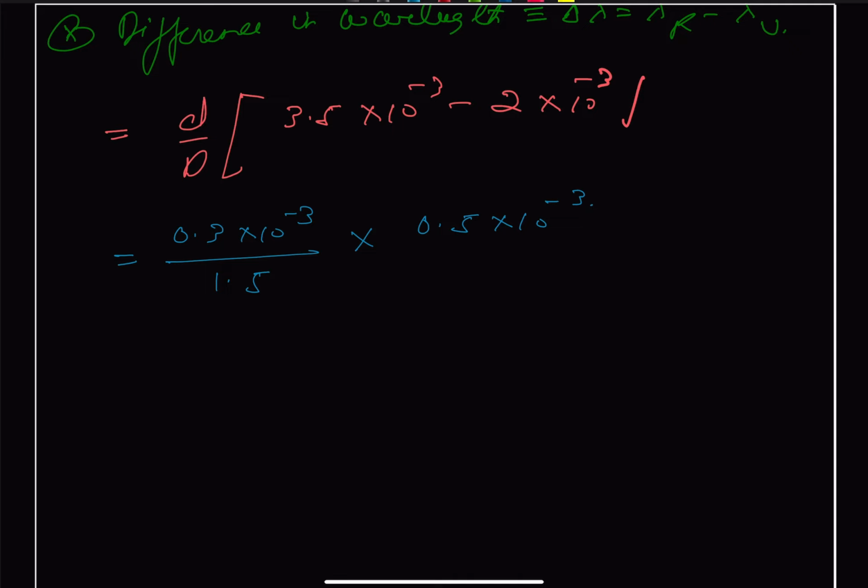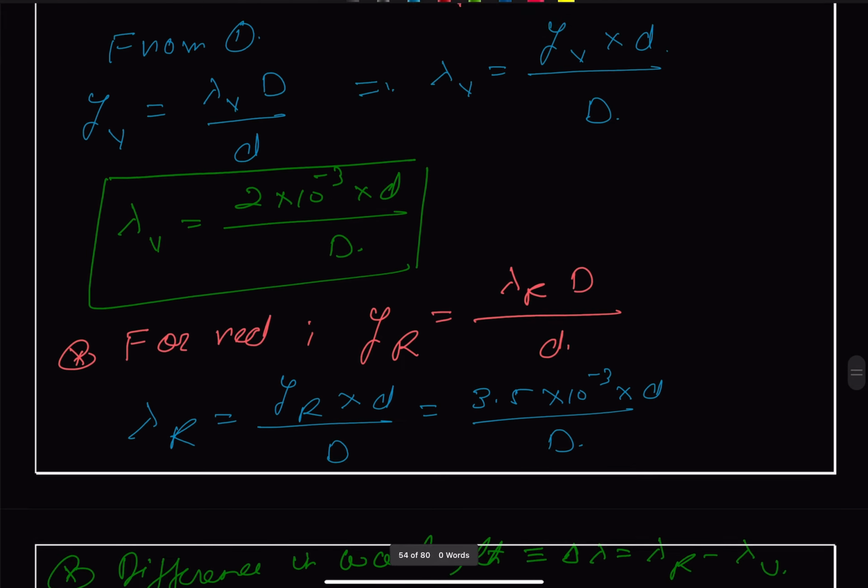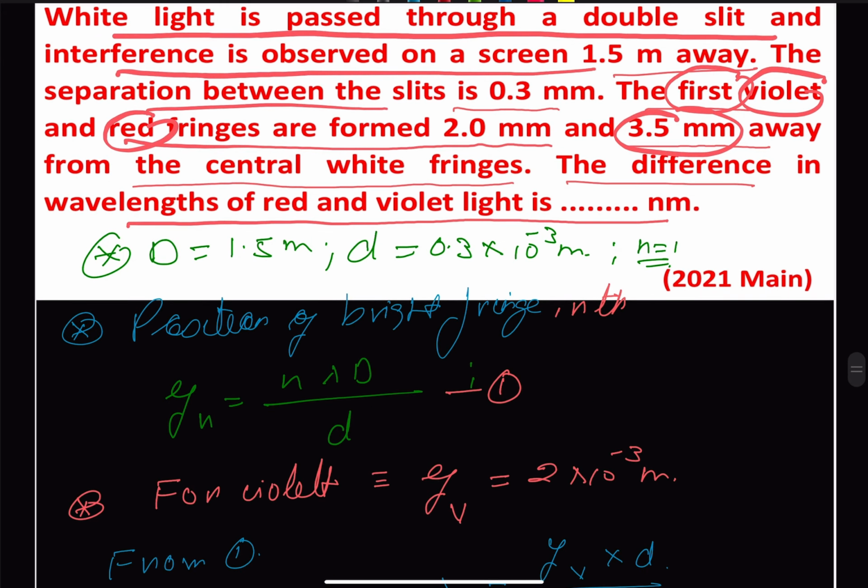Okay, sorry. This is 3.5, so this comes 1.5. So directly 1.5 goes away, and this comes as 3 into 10 to the power minus 7, and in terms of nanometer we can write this as 300 nanometers. So we get this as 300 nanometers.